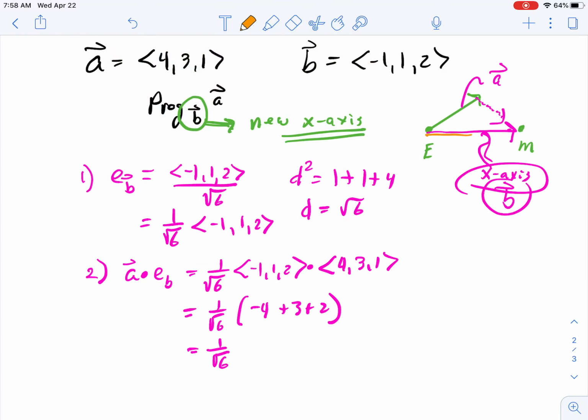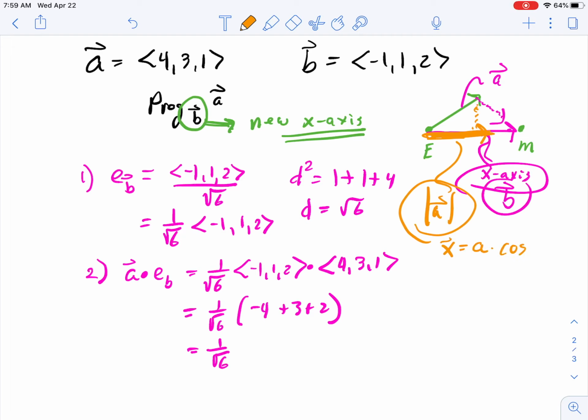So what I have now, back over here, is my magnitude, how long this is. So this is the magnitude of A on B. So I want my components, because I can do things with components, not with magnitudes. So take my magnitude, and think of this in simple terms.